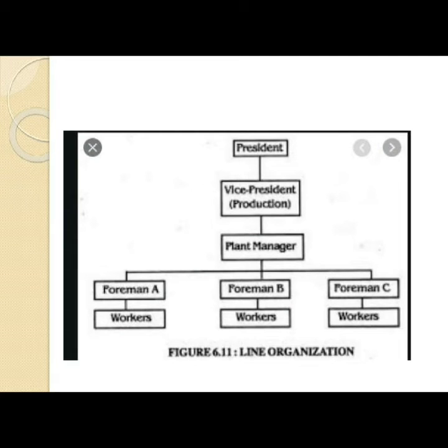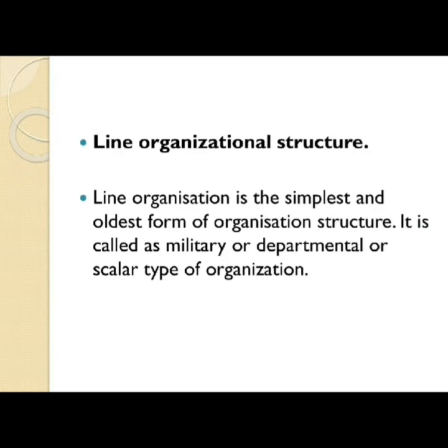The first one is a line organization, wherein you have a very proper line of control, like the president, vice president, and the different plant managers. Under them you have different foremen of A, B, C, and under them we have the workers. So they all directly contribute to the functions of the organization. Those are the line managers and the line of control.